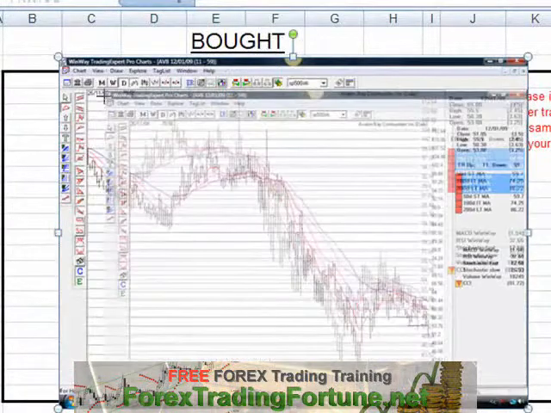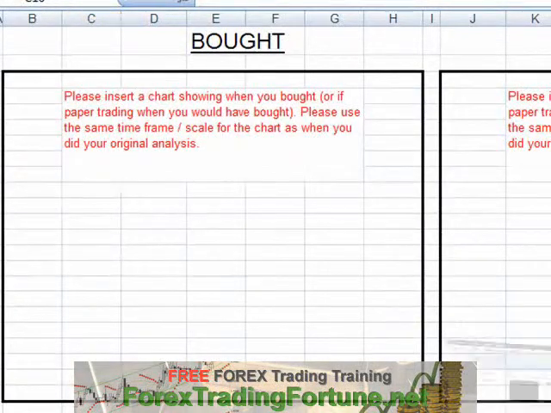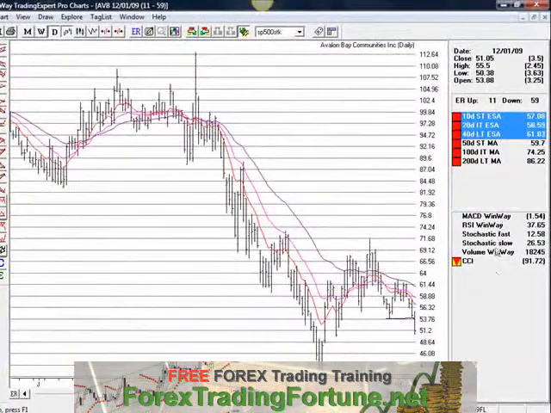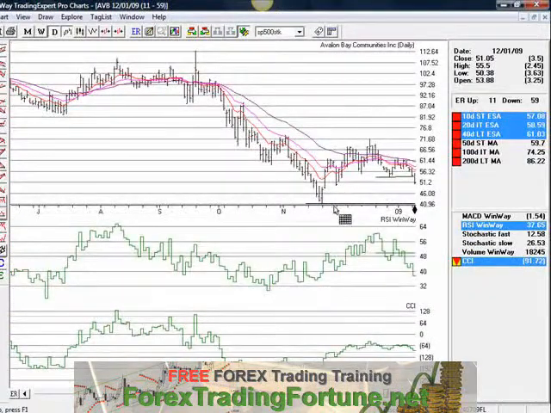So what do we do now? We take a screenshot. So I press print screen, and I go over here, I right click, I paste, and let's shrink this down. Let's move it over. And actually, I'm going to get rid of that. I'm going to hit delete, and let's go back.